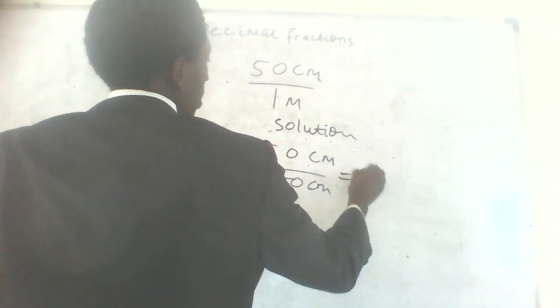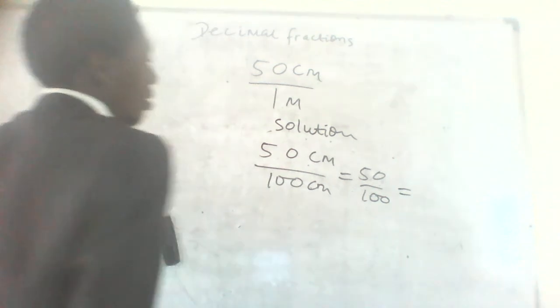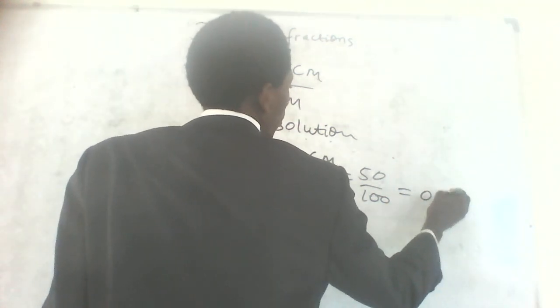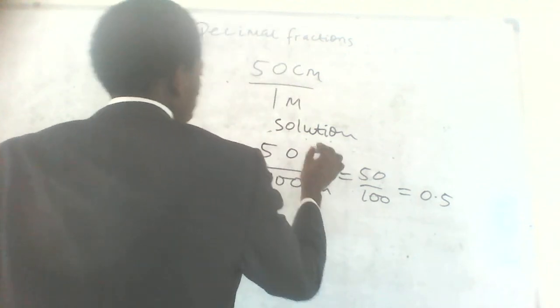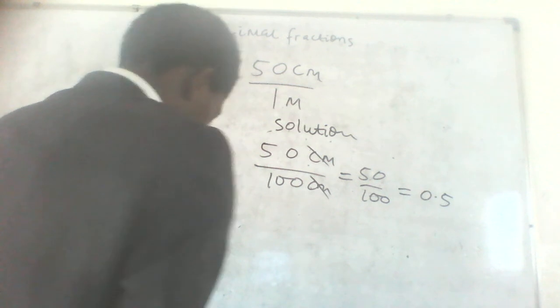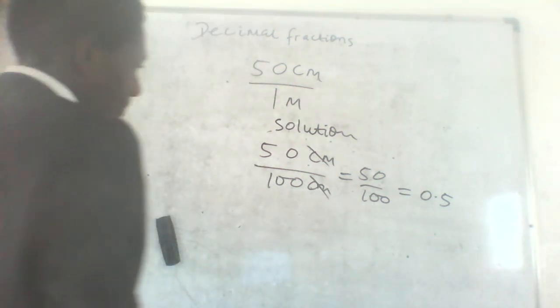Which is the same thing as 50 by 100. So I'm going to have 0.5 because the units will cancel themselves. So 0.5 will be the correct answer.